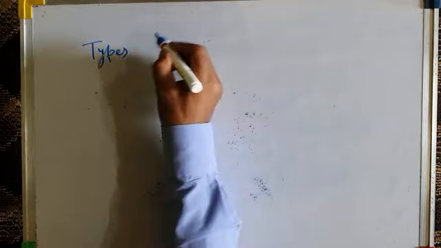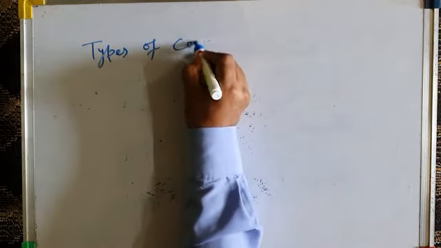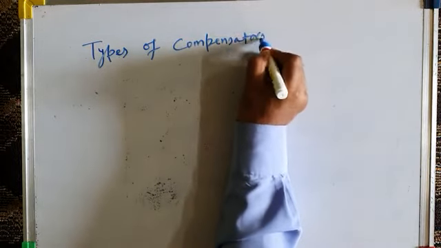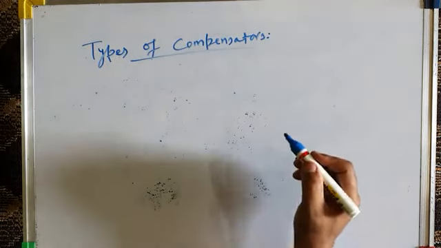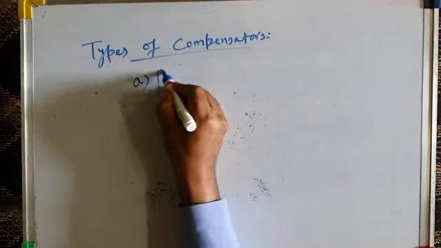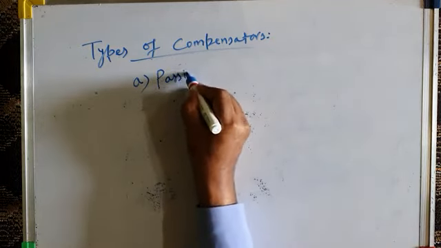Now, what will be the types of compensators? Compensation will be actually provided by physical devices, which are called compensators. What are the various types of compensators? Actually, we may have two main categories of compensators: passive compensators and active compensators.